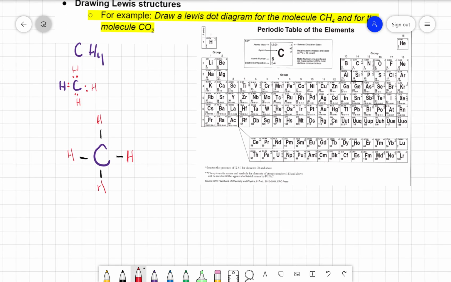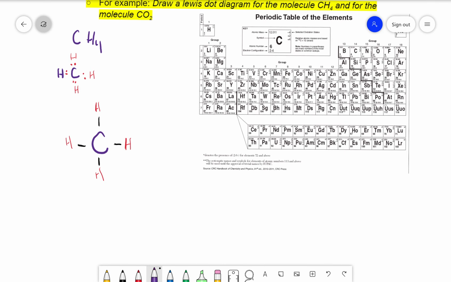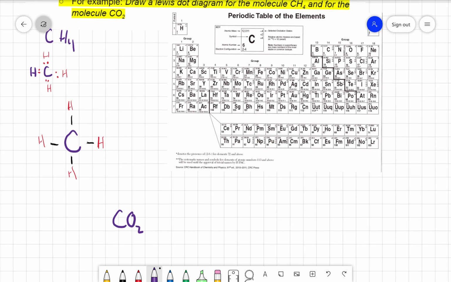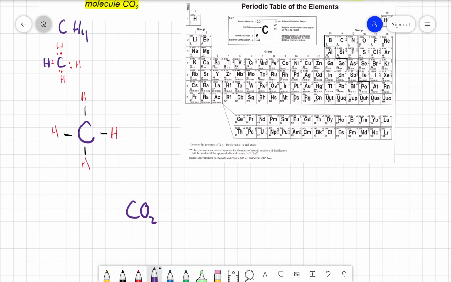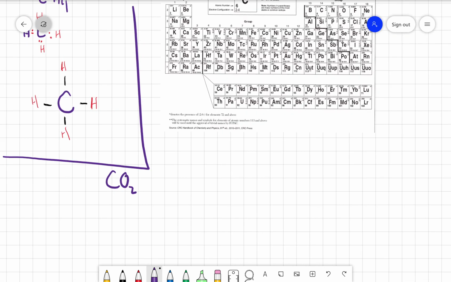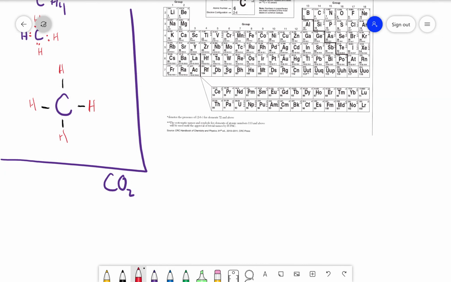Now let's do it for CO2. Carbon dioxide. So again, the first thing we do is we find out how many valence electrons each element has. So let's see carbon first. We already know from the last part that carbon has 4 valence electrons. 1, 2, 3, and 4.